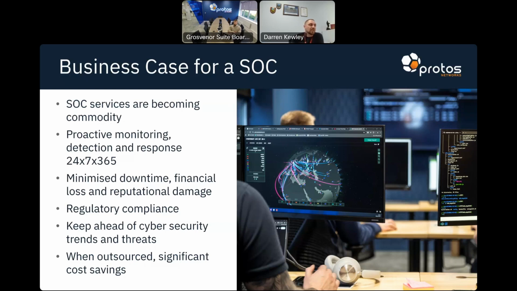And we're seeing SOC services now becoming more and more commodity, that 24/7 monitoring. We're now seeing cyber insurance say, if you've got that 24/7 monitoring, your cyber insurance premiums will come down. It's providing that, 365 days a year, someone is there monitoring.